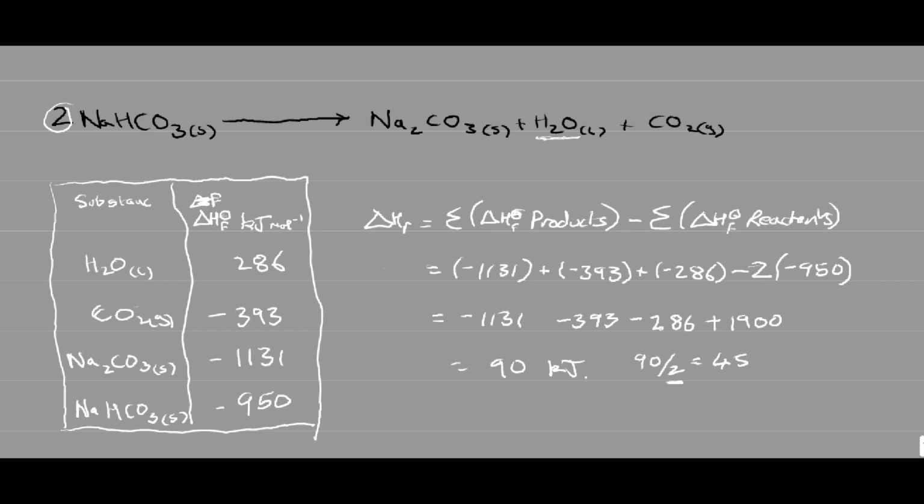And the 2 here comes from all the way over here. Yeah. So the sum is for 90. 90 is for 2 moles of that, so it must be 45 for the 1 mole.